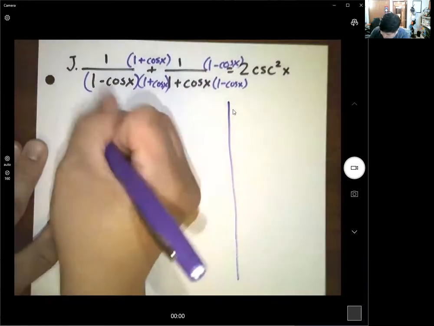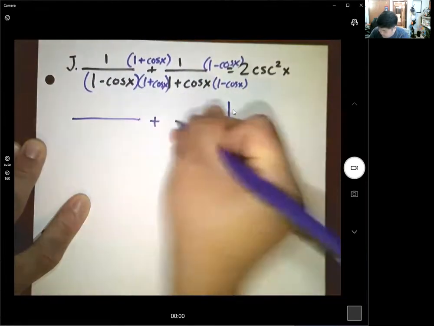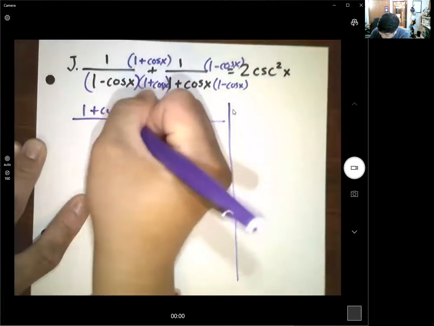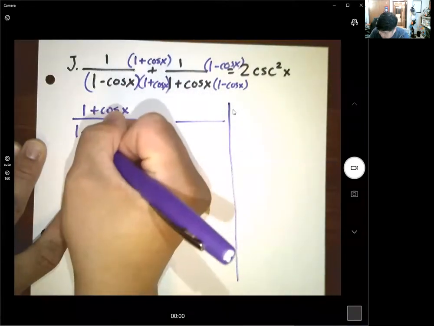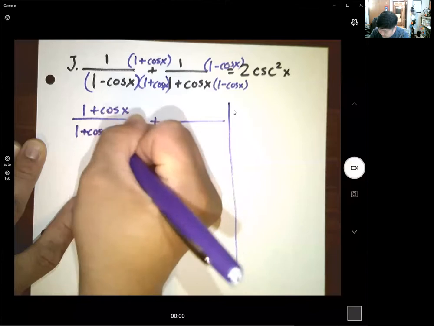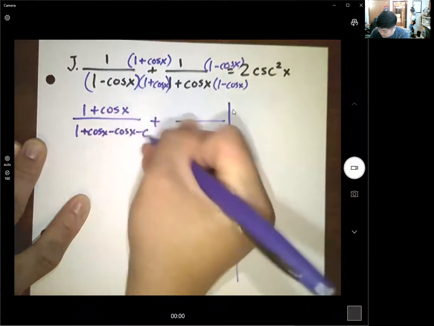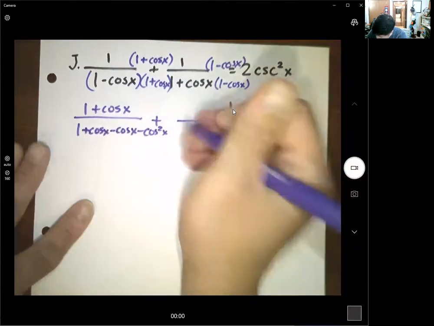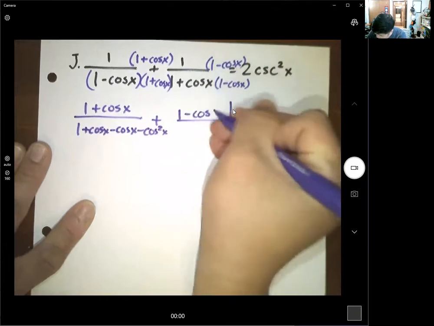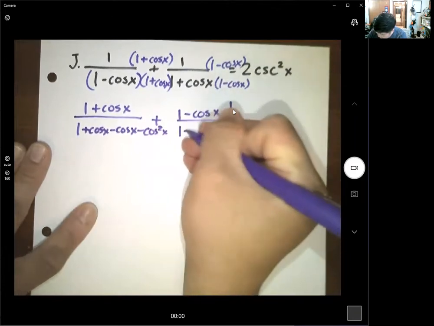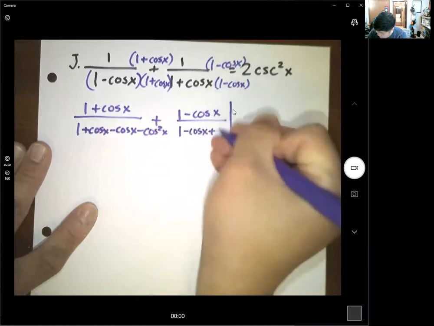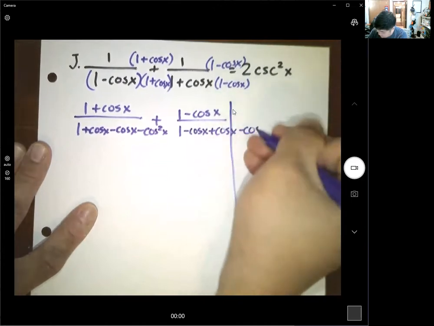So we have in the first term 1 plus cosine of x all over 1 plus cosine of x minus cosine of x minus cosine squared x, and then 1 minus cosine of x all over 1 minus cosine of x plus cosine of x minus cosine squared x.